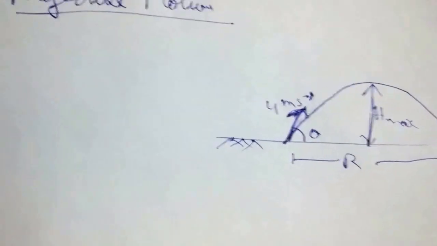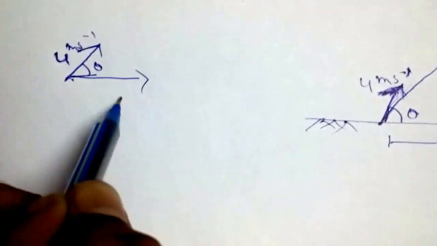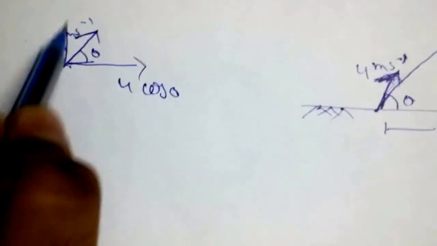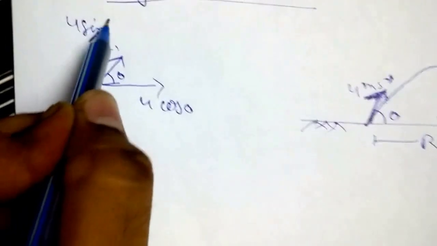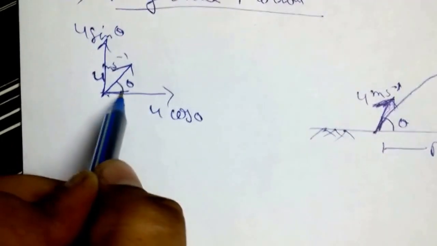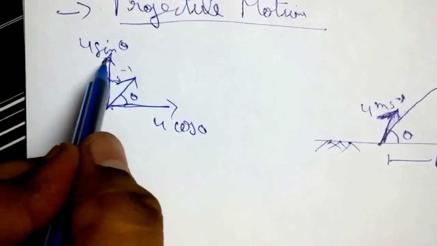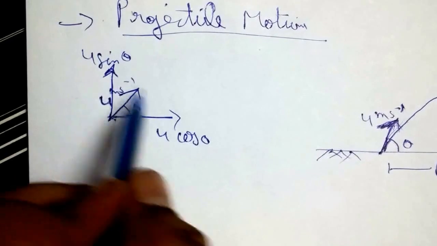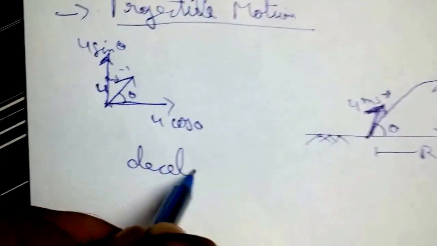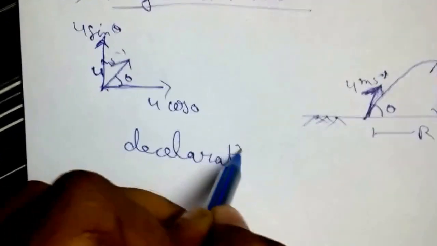First of all, we need to understand the basic concept that when I am throwing the ball at u meter per second inclined at an angle theta, I am having two components of velocity. One is the horizontal component u cos theta, and the other is the vertical component u sin theta. Now, as we all know, u sin theta, the vertical component of velocity, will experience a deceleration due to g, that is acceleration due to gravity.